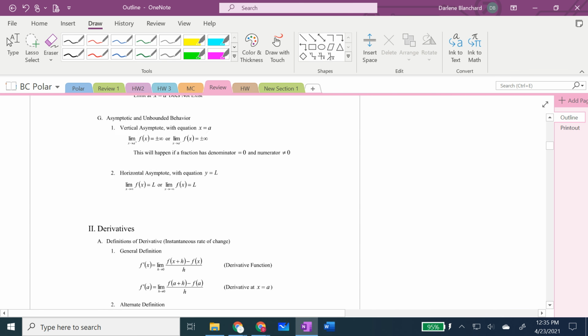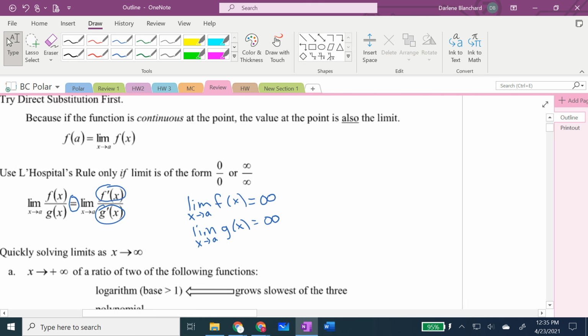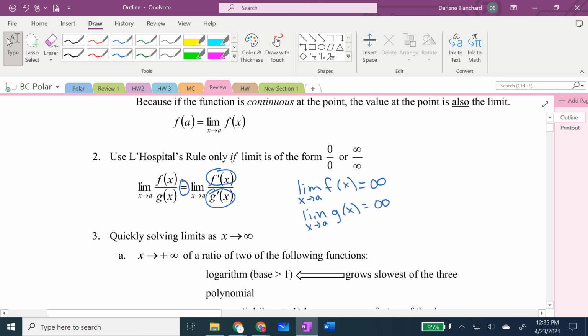If L'Hopital's rule shows up on a free response, you must write two separate limits before you L'Hopital, where you are either saying the limit as x approaches a of the top function is equal to 0, and the limit as x approaches a of the bottom function is equal to 0. Or, if they're both infinity, write down both limits individually that they are equal to infinity.